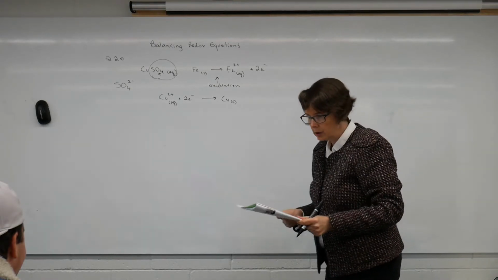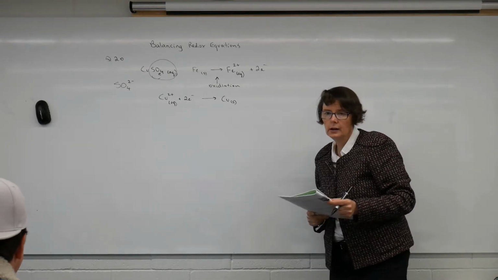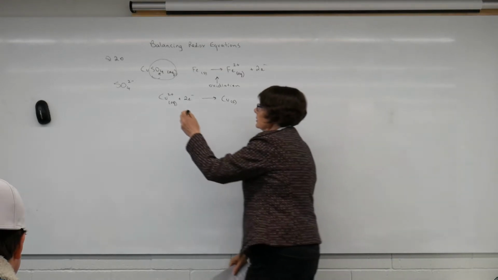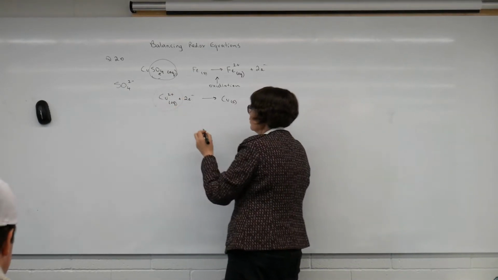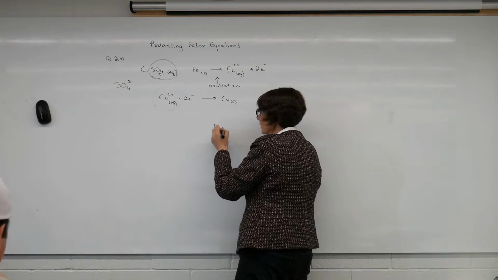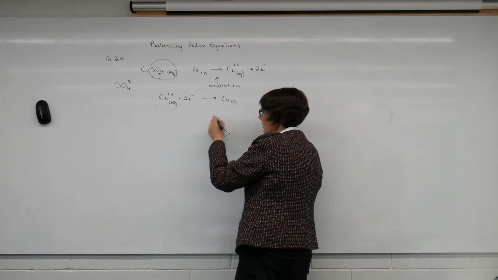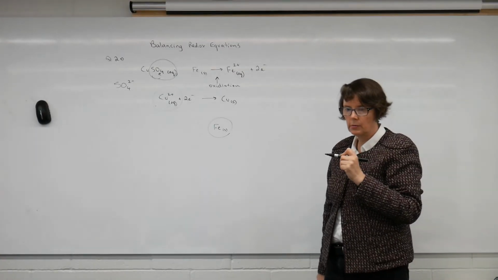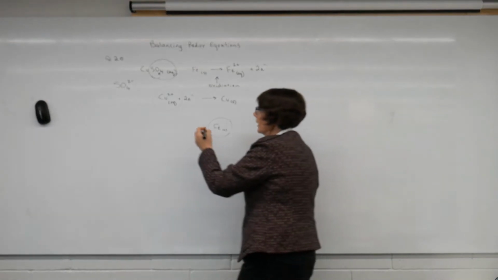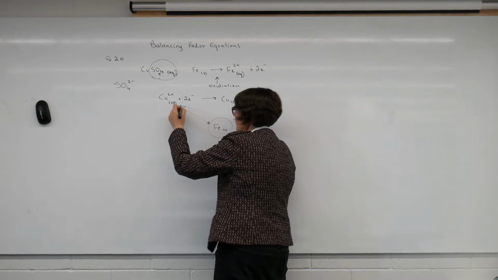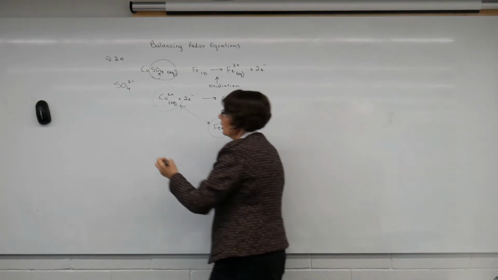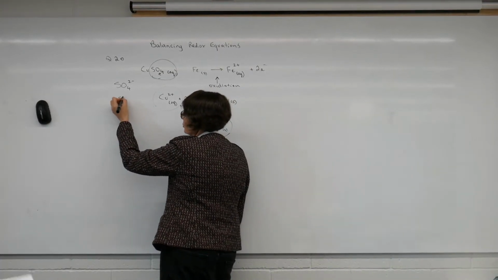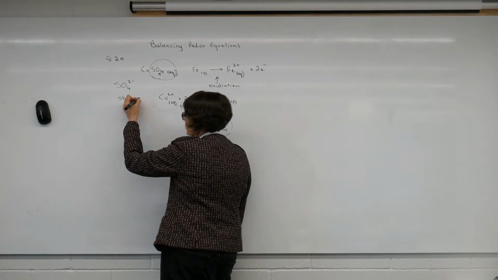Looking at your electrochemical series, can you see where the Cu2+ ion and where Fe solid is? Can you see them on your electrochemical series and confirm that they are in this relationship here, where the copper ion is the stronger oxidizer?